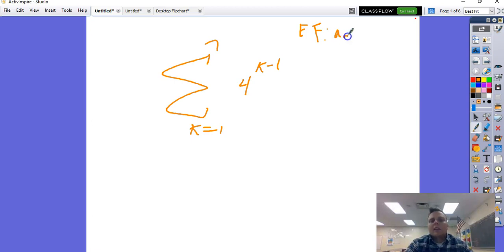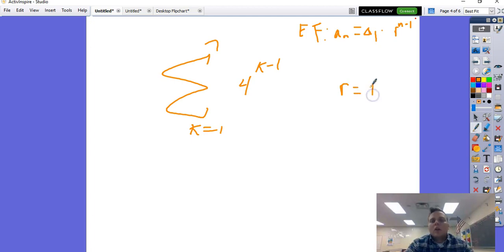It's a sub n is equal to a sub 1 times r raised to the n minus 1. Looking at this, what is going to be r? You see how r in the general format is being raised to the variable minus 1? The 4 is being raised to the variable minus 1. So r is equal to 4.